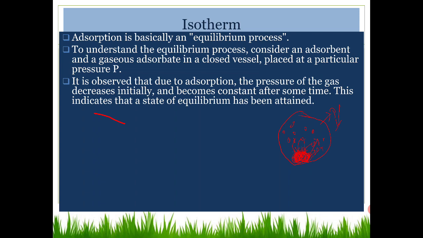This indicates that the state of equilibrium is being attained. If you measure the pressure after some time, you could see that the pressure is becoming constant. That means no more adsorption is happening, otherwise the pressure would have decreased. So when the pressure is constant, you can say that there is equilibrium.